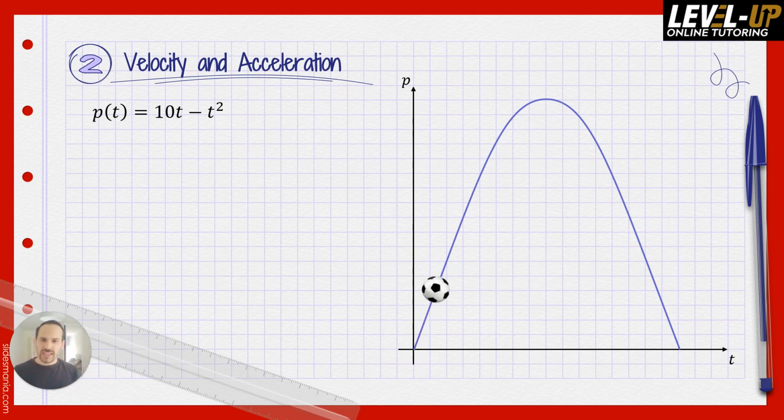So when we draw it like this, it's looking more like this. But what this is modeling is a scenario where a ball is going straight up and straight back down. So you see the position goes up and it goes down as we go through time. That's the way to look at this graph. Very common scenario you might come across. And this is going to be measured in meters.